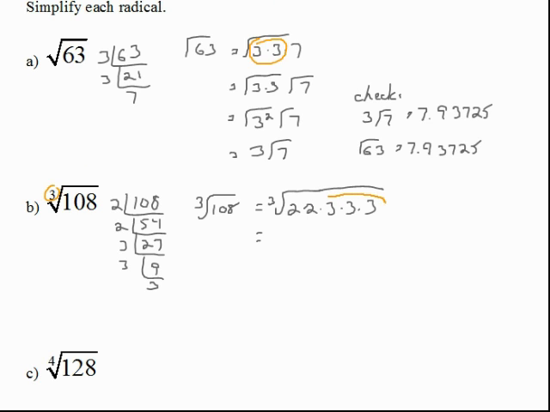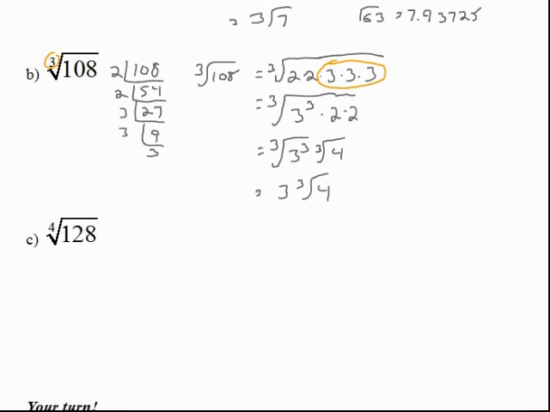So we have three 3s. We want to put that out in front. So this equals the cube root of 3 cubed times 2 times 2. Then we can split it apart into 2 pieces. It's the cube root of 3 cubed times the cube root, make sure you keep that cube, of 4, which equals 3 times the cube root of 4. Okay? And again, you should check that on your calculator.